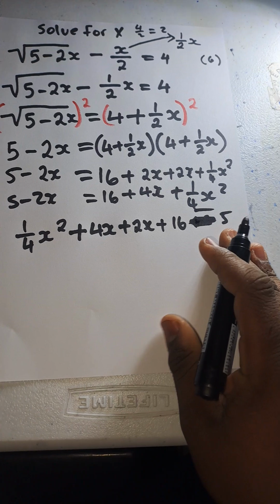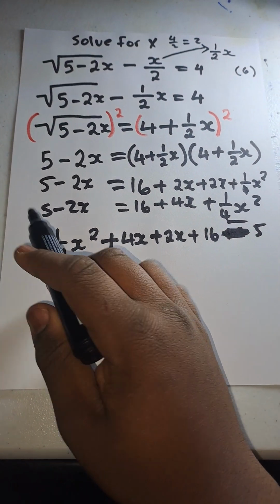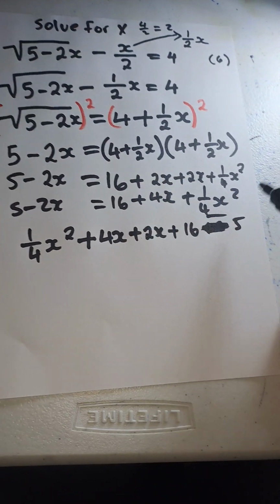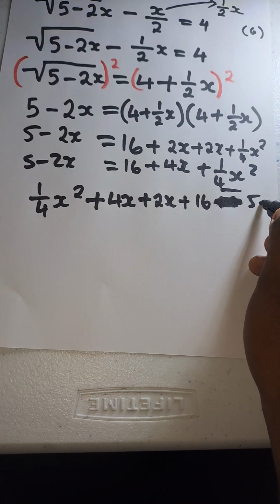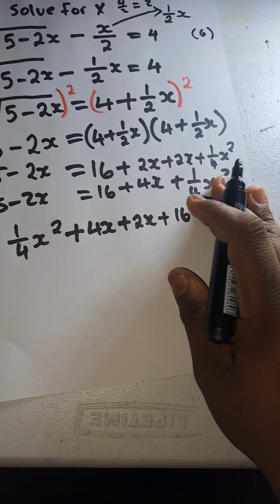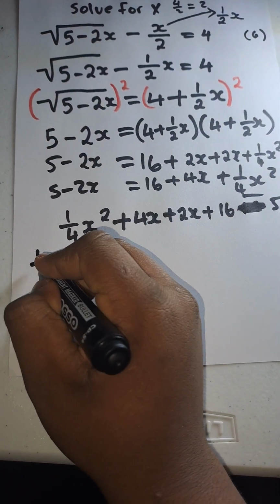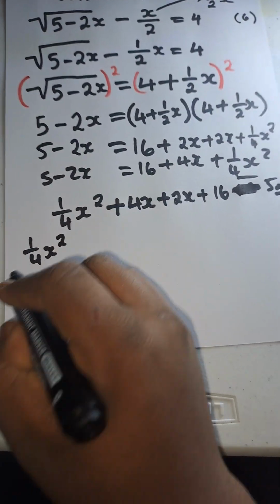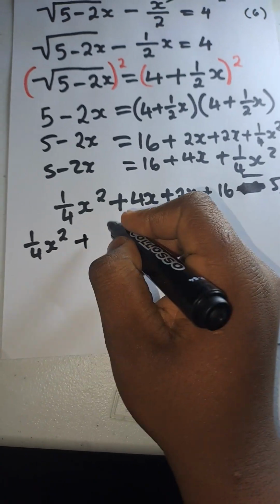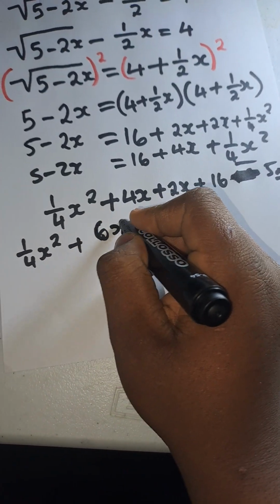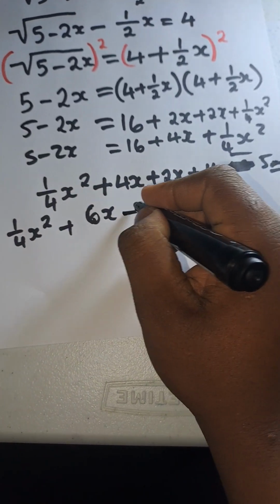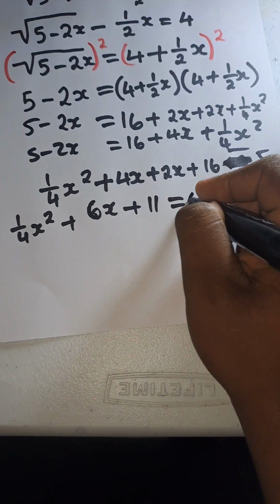This is minus 5, because the 5 was positive on this side and when it goes to the other side it becomes minus, equals 0. So we have 1 over 4 x squared plus 6x plus 11, which equals 0.